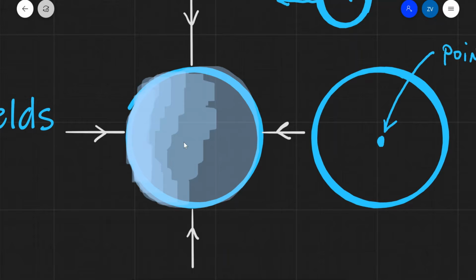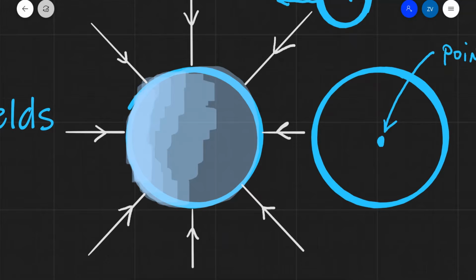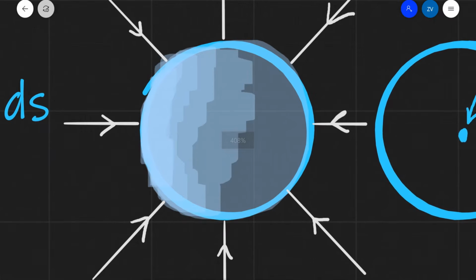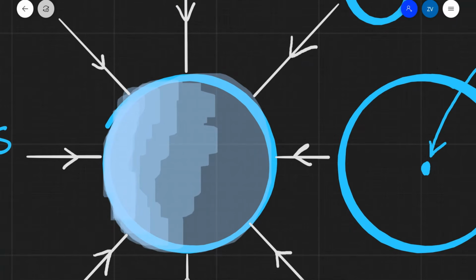So the gravitational field lines are going to be radial, pointing towards the center. Also keep in mind that if there are twice as many field lines, the gravitational field will be twice as strong. In other words, the gravitational field strength is represented by the density of the field lines.